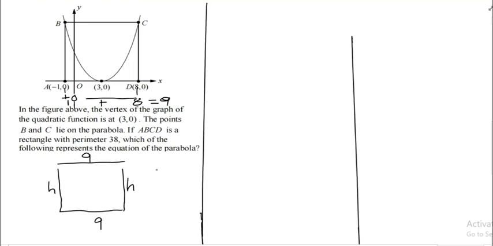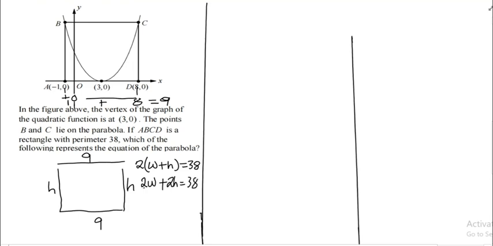Then the perimeter of a rectangle is 2 times the width plus 2 times the height, which is equal to 38.